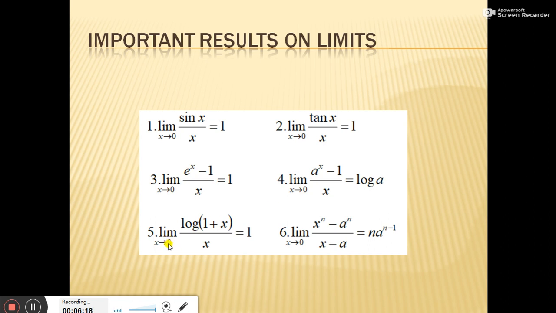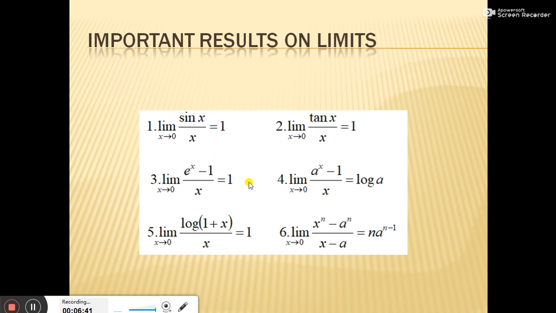And limit x tends to 0, log of 1 plus x by x is equal to 1. And limit x tends to 0, x power n minus a power n upon x minus a is equal to n into a power n minus 1. These are the most important results of limits we have done earlier in 11th class.